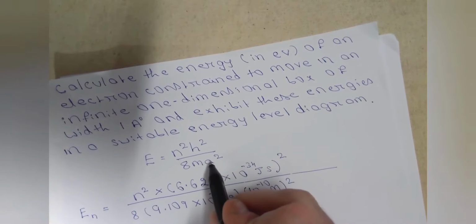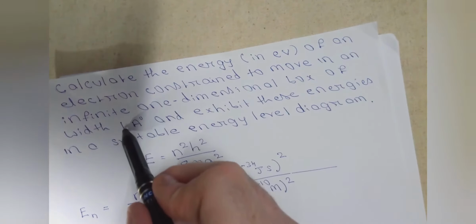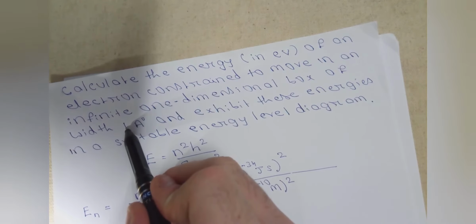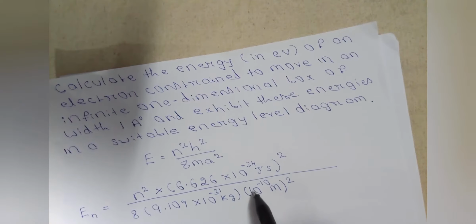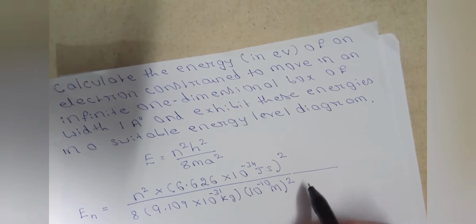So here this is the value of a. Here a is given as 1 angstrom, the width of the box is 1 angstrom. Therefore 1 angstrom is nothing but 10 to the power of minus 10 meter.